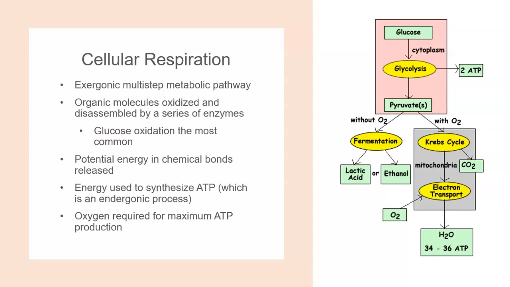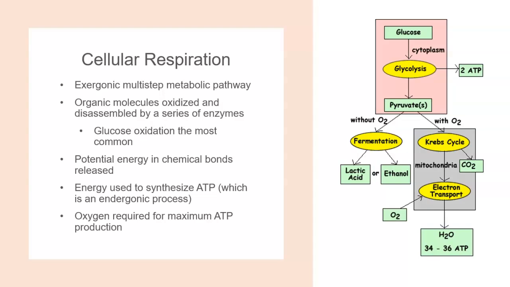Remember, it requires energy to build. So oxygen is required for maximum ATP production. And even though there are different types of organic molecules that we can chemically digest during this whole process of making ATP, cell respiration, we're going to focus on the oxidation of glucose.